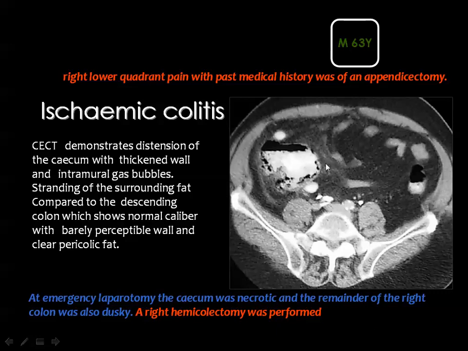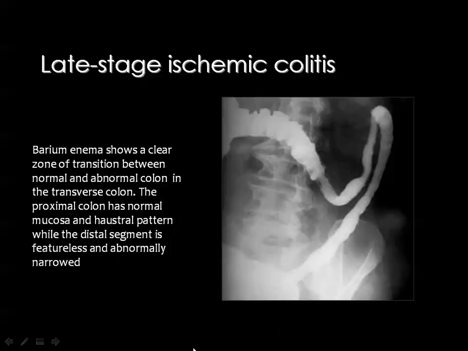And here is the ischemic changes with gas in the wall of the cecum in a case of ischemic colitis, and the emergency laparotomy found that the cecum was necrotic, and the rest of the right side of the colon looks to be ischemic, and they decided to perform right hemicolectomy.